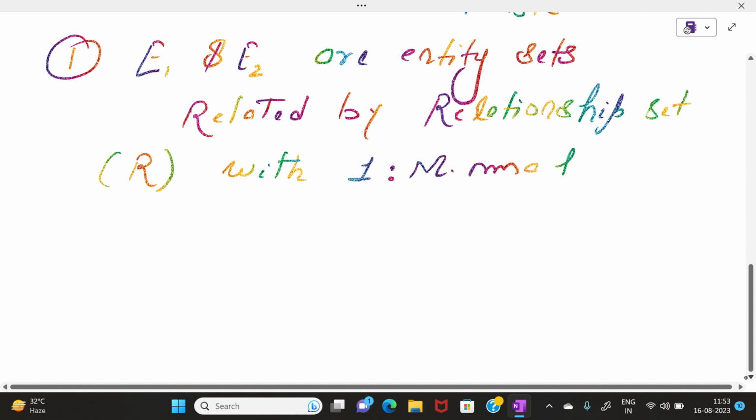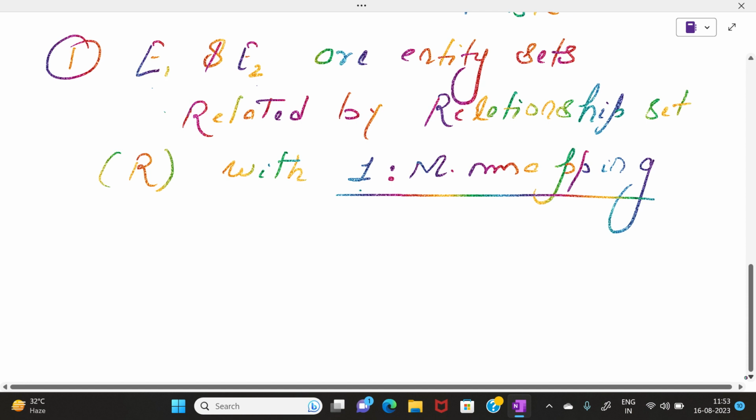This is the cardinality constraint that we learnt about. 1:M mapping means one entity of E1 can be related to many entities of E2. That is, if A1 belongs to E1 and B1, B2, B3 belong to E2, then A1 can be related to B1, B2, and B3 as well. So this is 1:M mapping.